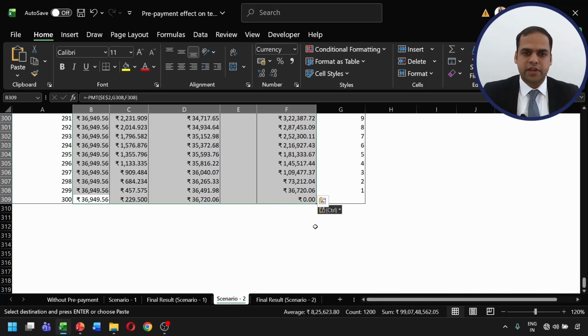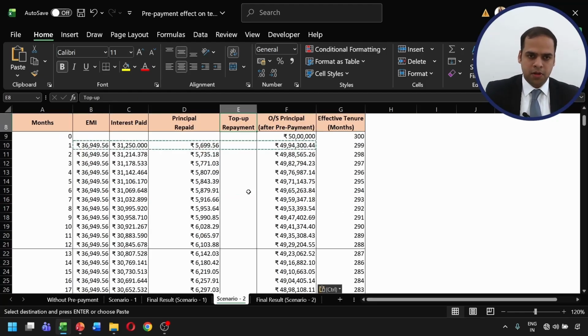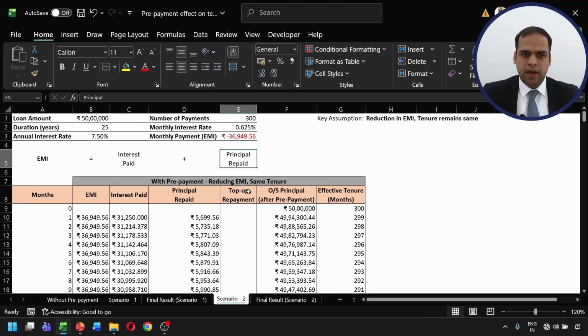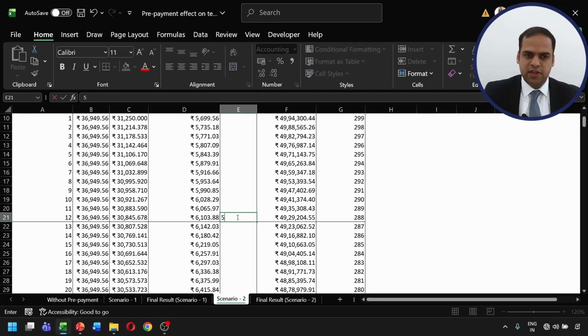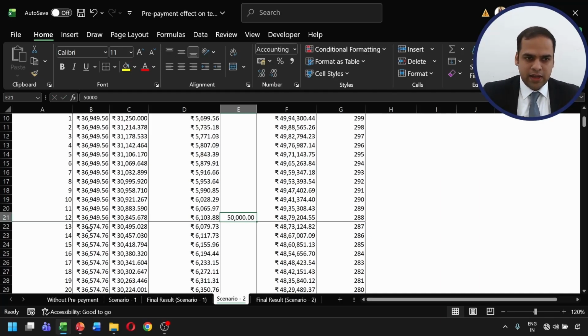So at 300 month our EMI interest portion is lowest, our principal repaid portion is highest, and the outstanding principal is null. But now in the top up repayment, as we pay 50,000 at the 12th month, we can see that our EMI reduces from 36,950 to 36,574.